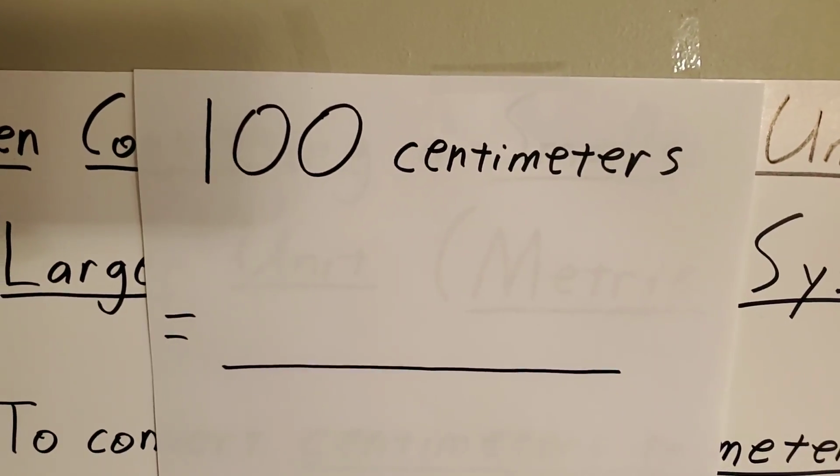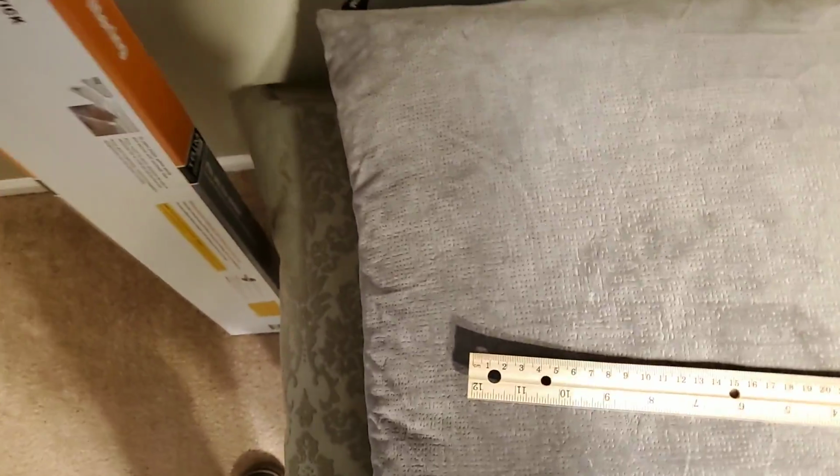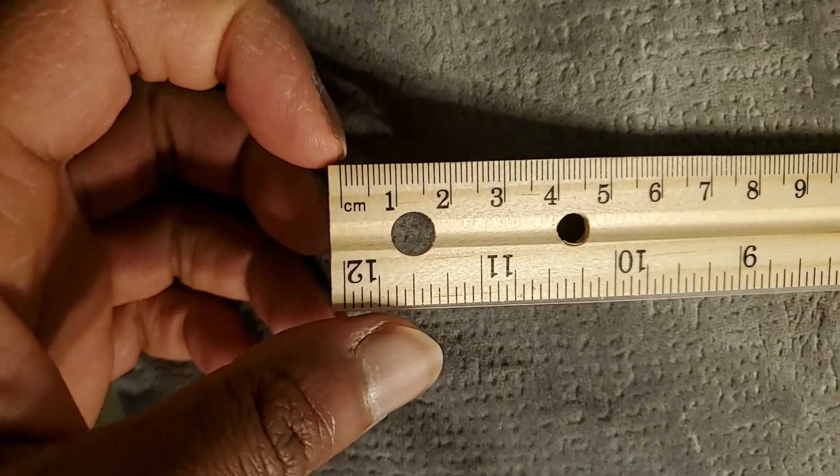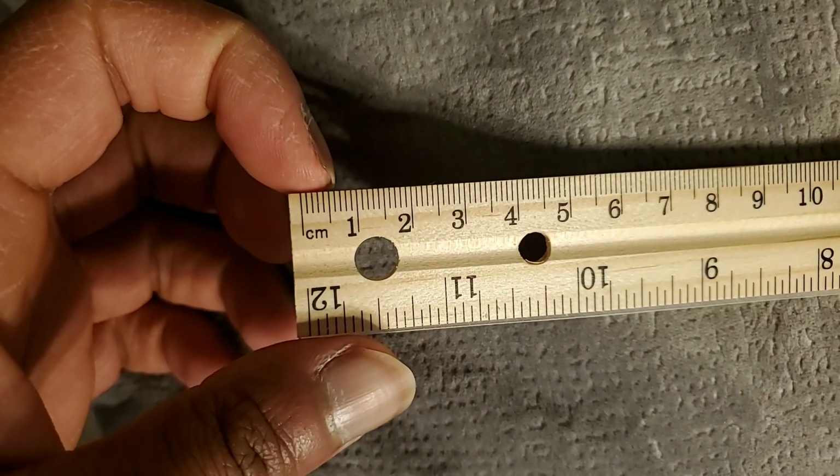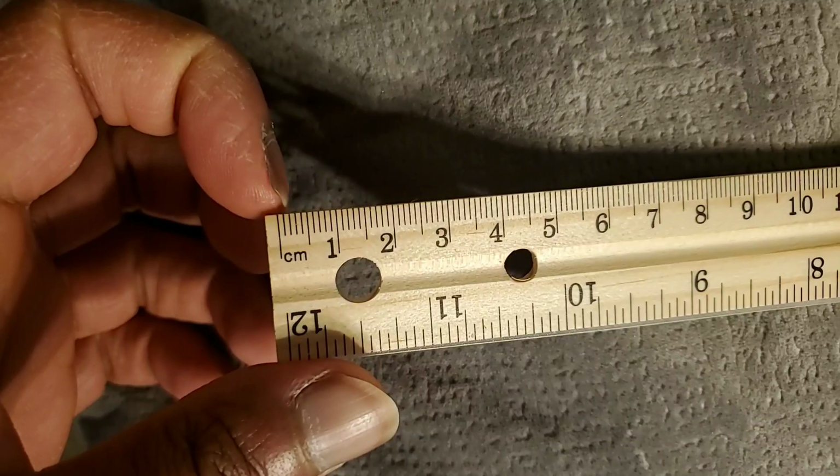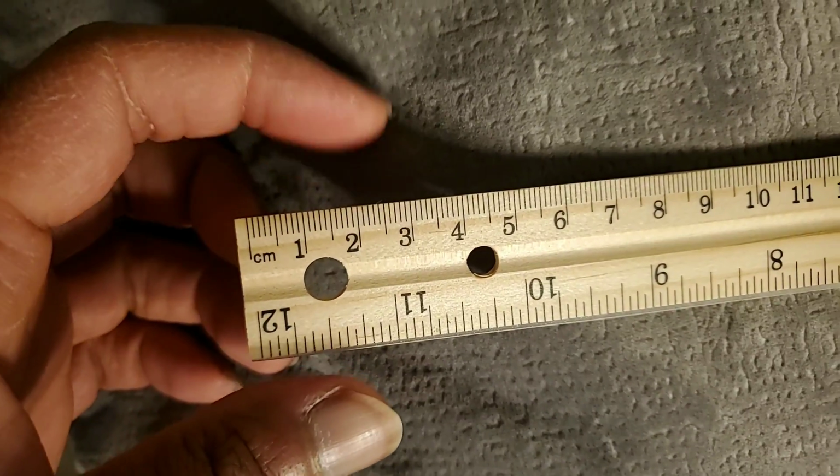Before I even go over this chart, let's go over here to my ruler. If you do not remember or are not sure how long a millimeter is, if you look at these little tick marks, these all represent a millimeter.